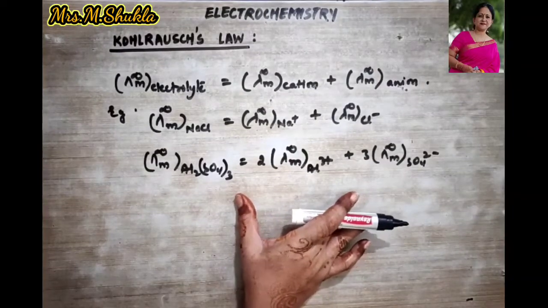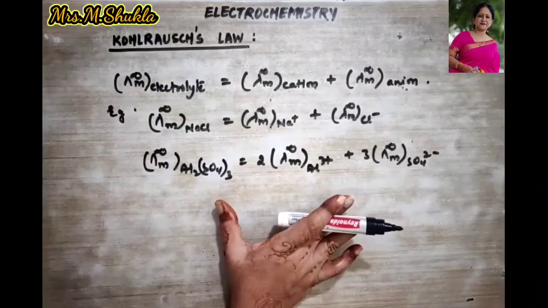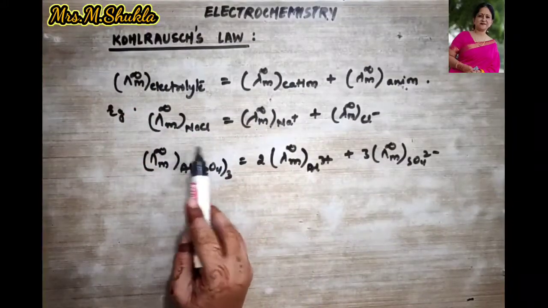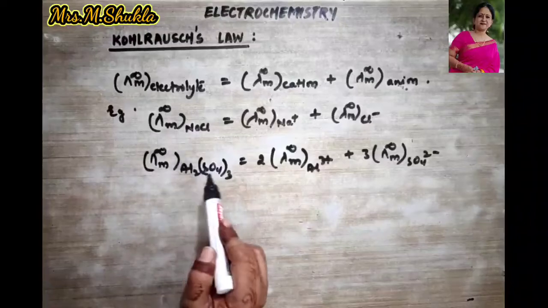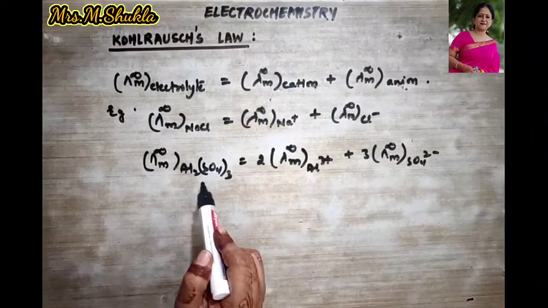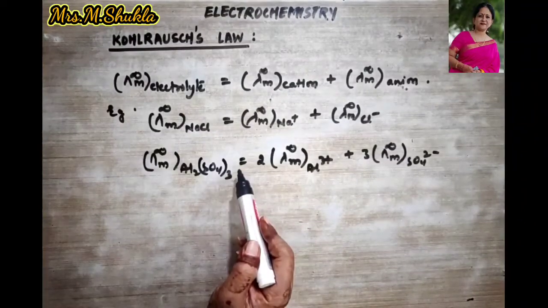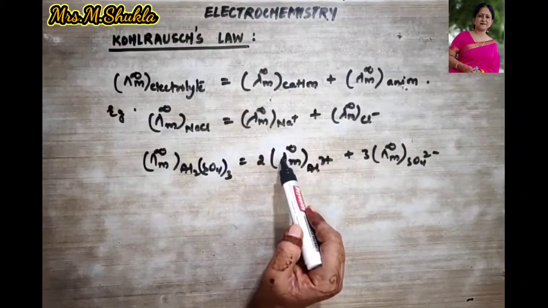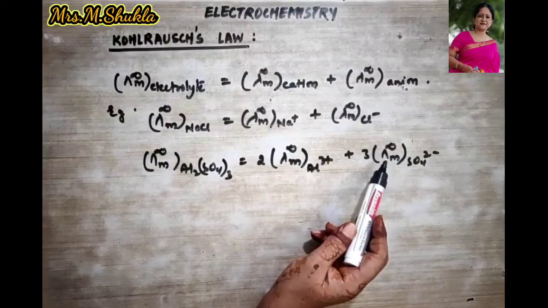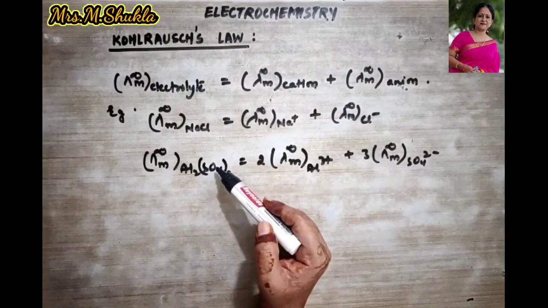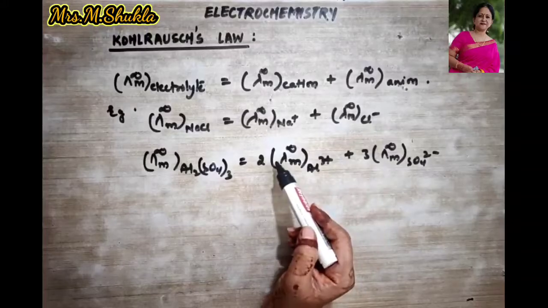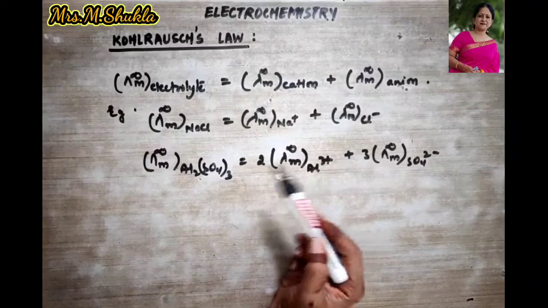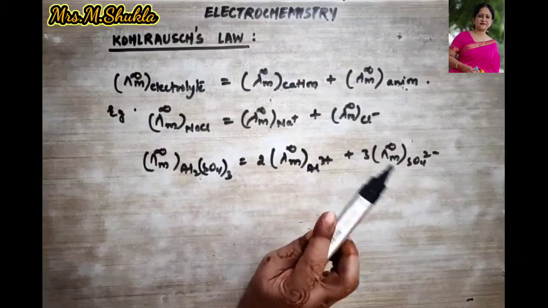I hope this definition is very clear to you. What does Kohlrausch's law say? That the molar conductivity of an electrolyte at infinite dilution is equal to the sum of the ionizable cations and ionizable anions present in the electrolyte, and each conductance is multiplied by the number of formula units present in the electrolyte.